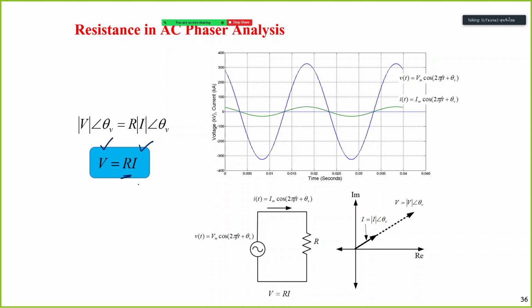The resistance is just a real number, no imaginary part, even though voltage and current will have both real and imaginary parts. In this case, the voltage and current will have the same angle.